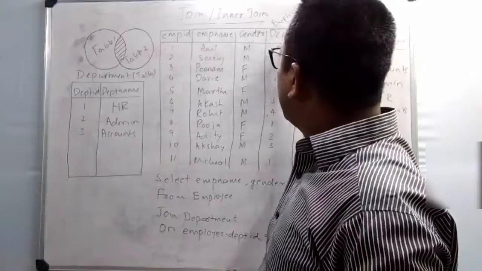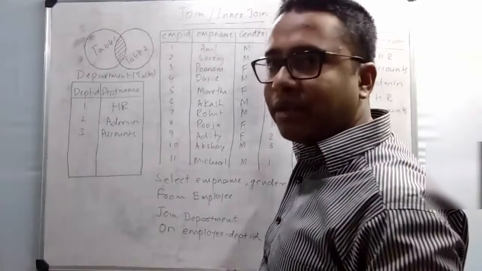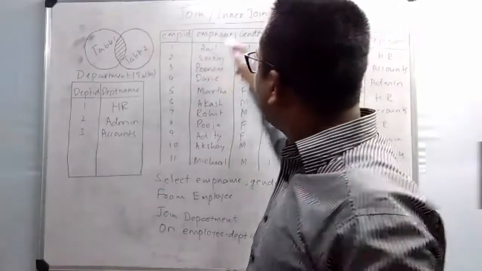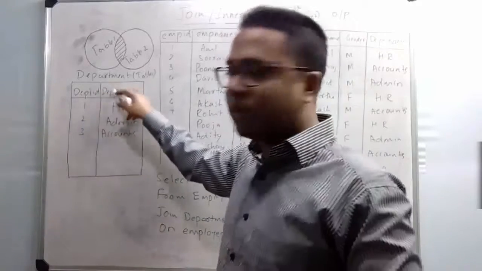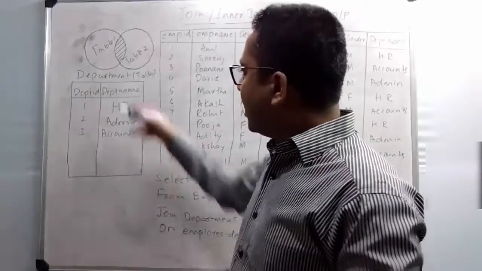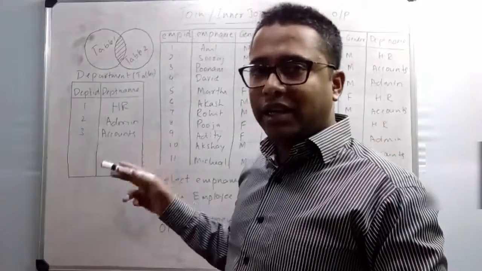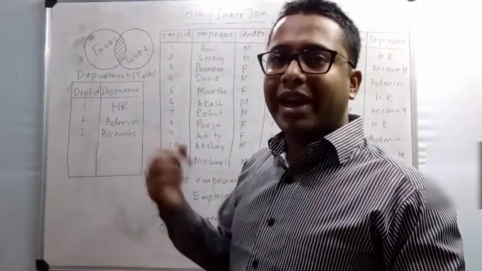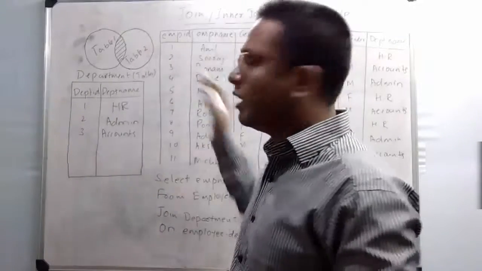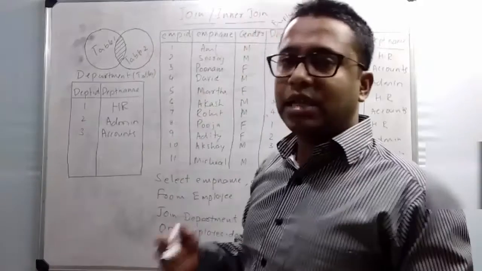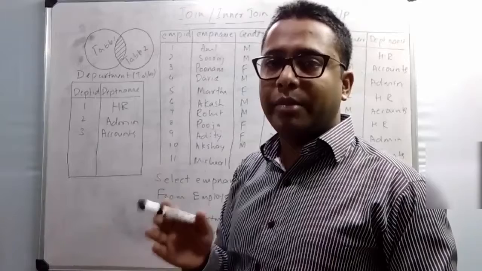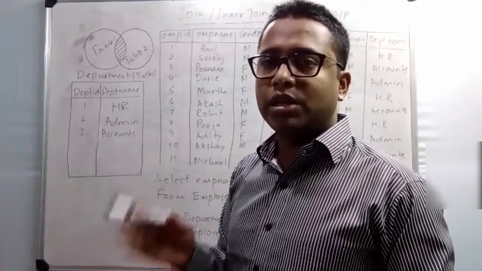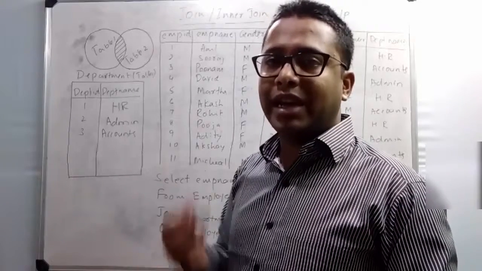Here you can see I have taken department ID as a foreign key in my employee table, but department ID is a primary key in the department table. With the help of this department ID, I am able to get the records from both these tables. We already know foreign keys are used for making relations or combining two tables. With the help of foreign keys, we can get the related data.